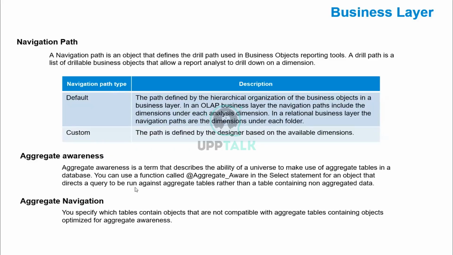Aggregate awareness. Aggregate awareness is a term that describes the ability of the universe to make use of aggregate tables in a database. Aggregate tables are aggregated to quarter or month level.